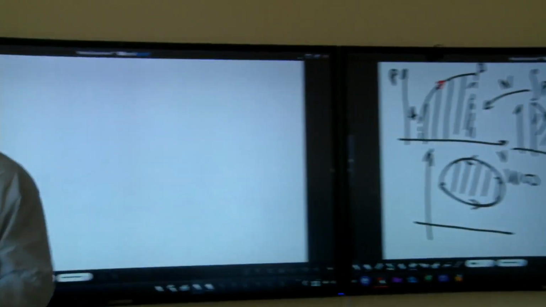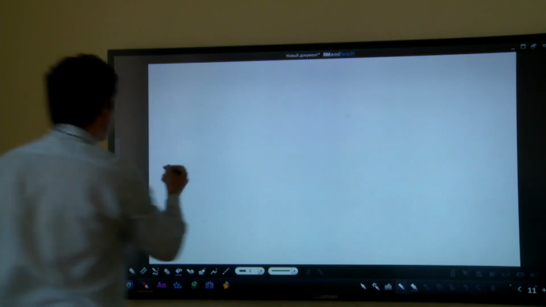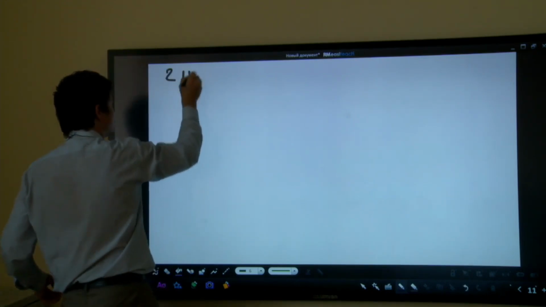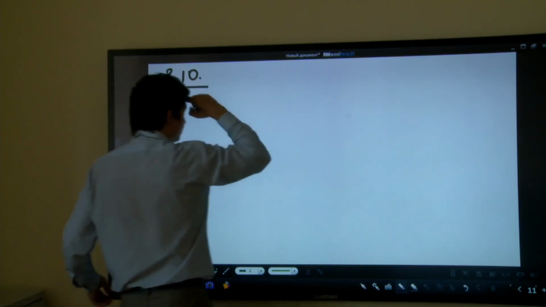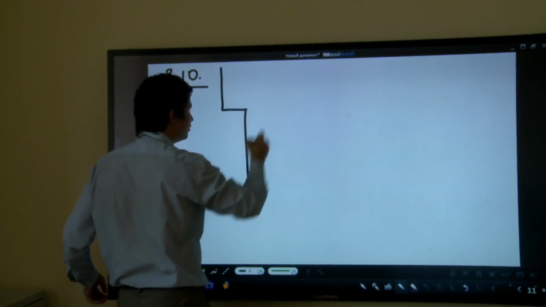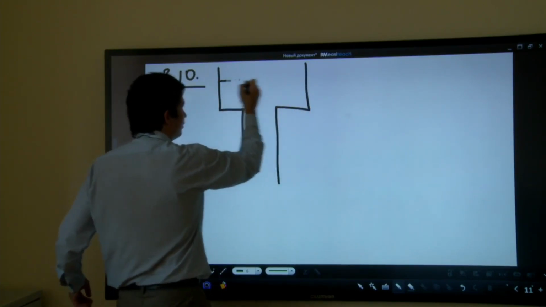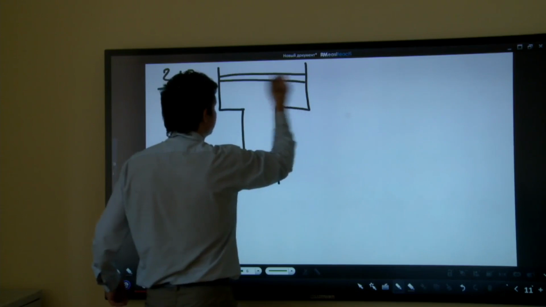Another problem, which doesn't require you to use thermodynamics, the problem 2.10 from Irodov. So it says that we have this type of a tube, and we have 2 pistons.